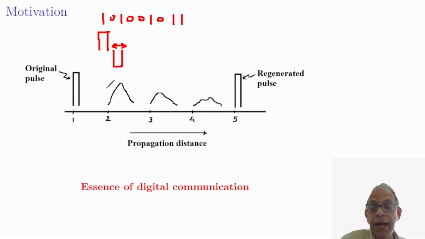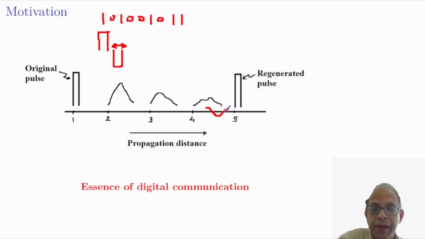On the other hand, in a digital communication system, we are not interested in the exact pulse shape, and therefore even if these degradations are there, we are not worried as long as we can regenerate the fresh pulse. Of course, there can still be some error if the amount of noise is so large that it takes a negative voltage.